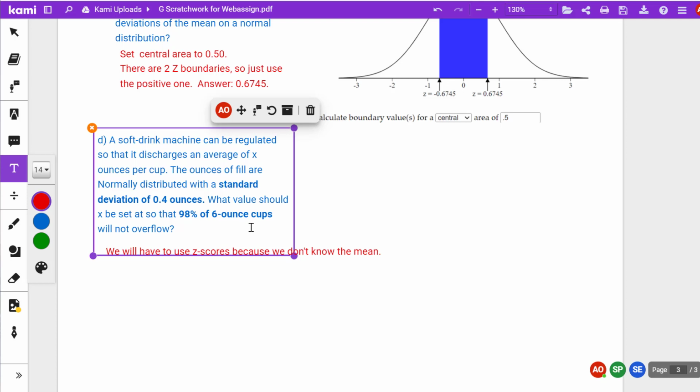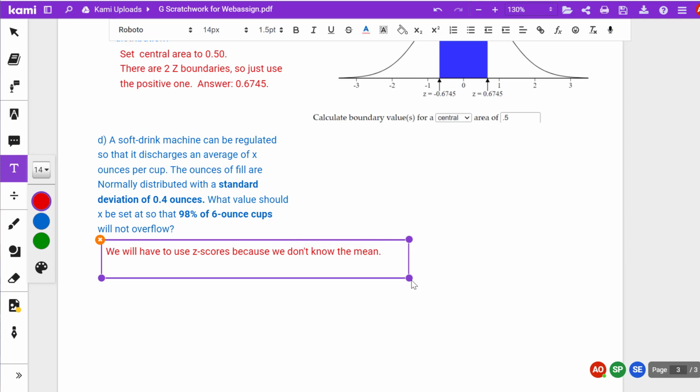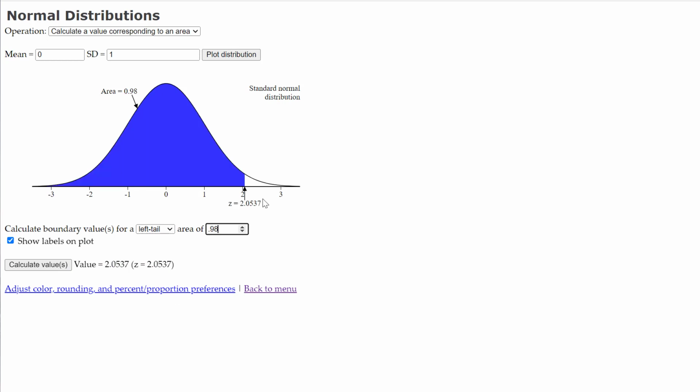So we're trying to find the boundary for the lower 98%, AKA the top 2%, depending how you look at it. So let's find the Z-score for that. We're going to do left area and put 0.98. And you find that Z is 2.0537.